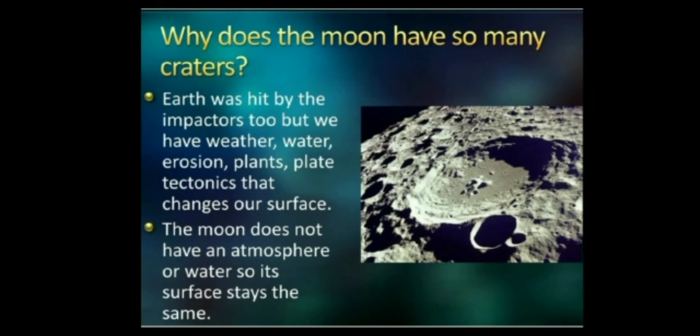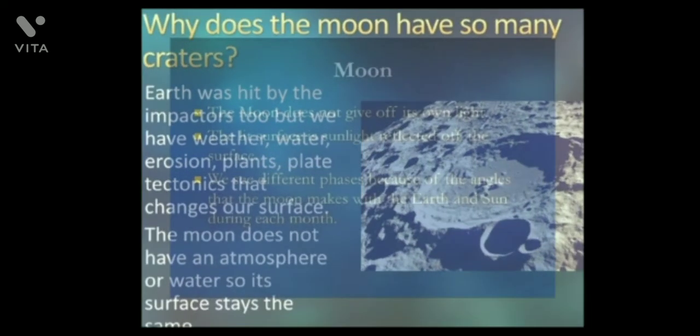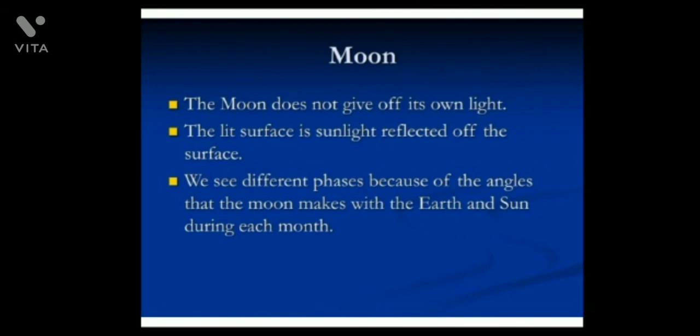Minimum about minus 233 degree Celsius. Which is unbearable. It is very hot during daytime and very cold during night time. So all these features make the moon a place where no life is possible.